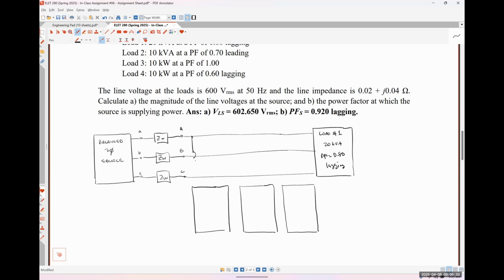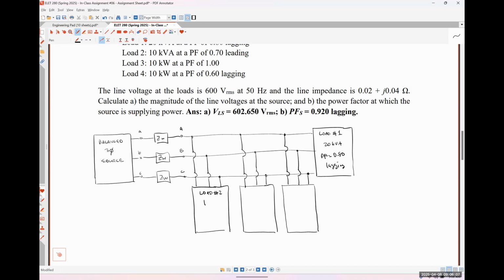Here's my A phase, B phase, C phase. Let's see, this will be load 2.